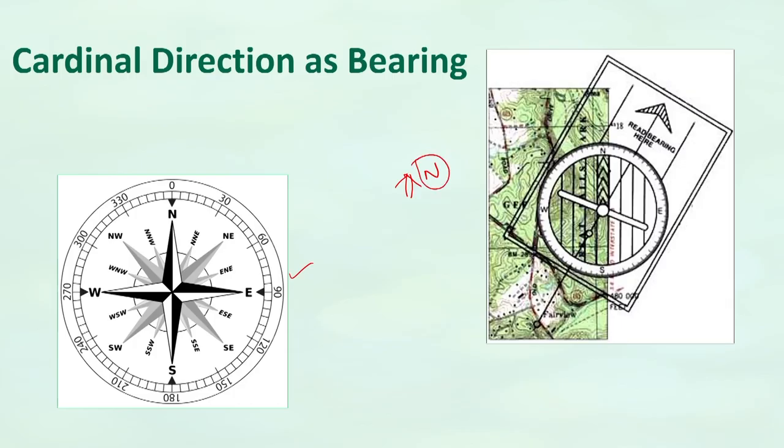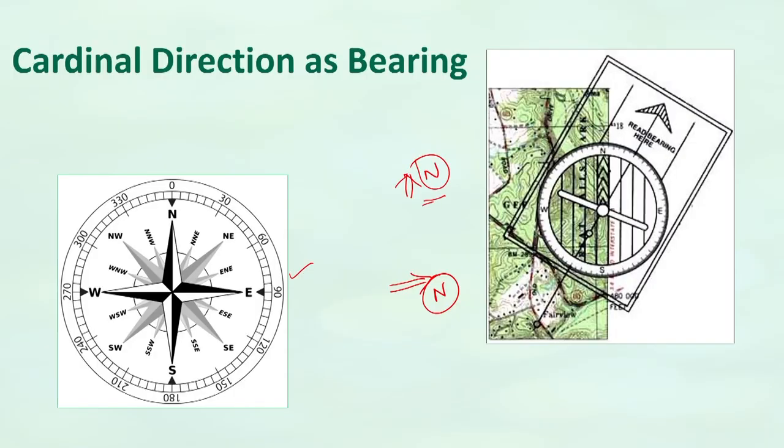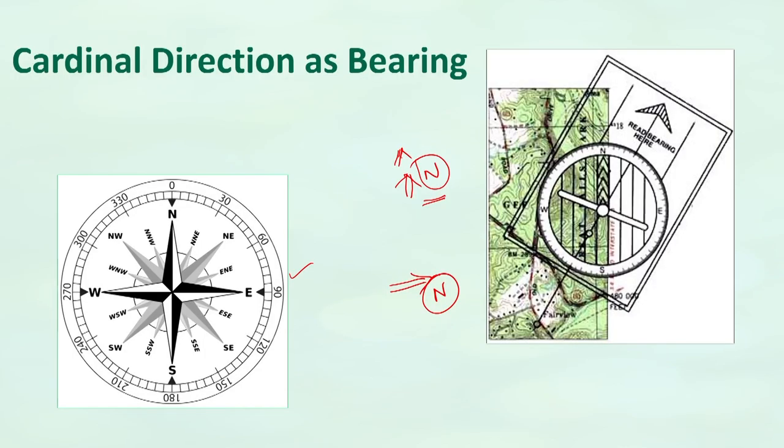I mean, the northern direction may be present towards the east, like this. All the maps prepared by Survey of India will have the northern direction towards the upper side. A building plan or any map not authorized by Survey of India, an unofficial map, may have the northern direction in any direction of the map.